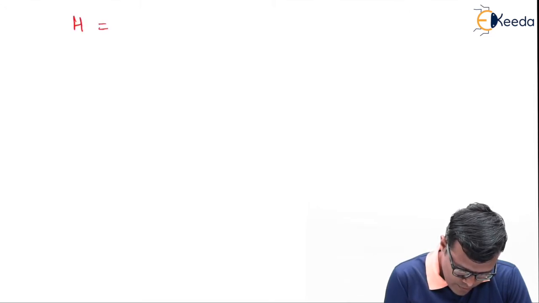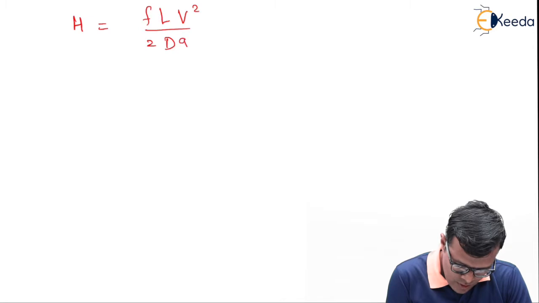So we can equate both the terms. So capital H is equal to friction loss, FL V square upon 2dg, plus small v square upon 2g.